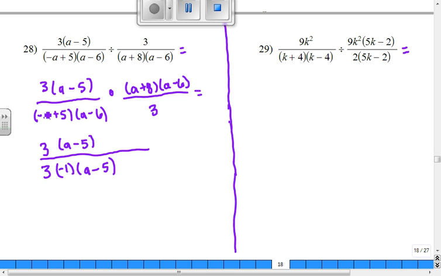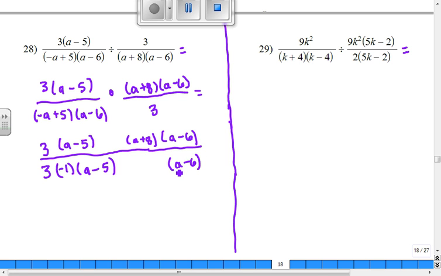Negative 1 times a is negative a, and negative 1 times positive 5 is negative 5. Okay, I have an a plus 8 on the top. I don't have an a plus 8 on the bottom, so I don't have to worry about that. I have an a minus 6 on the top, and I have an a minus 6 on the bottom.